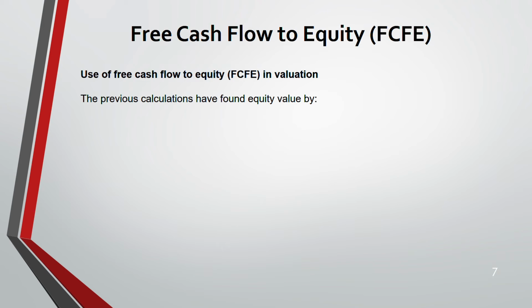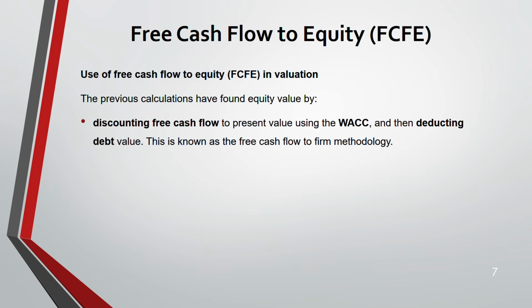Okay. Previous calculation found equity value by how? You discount. Previous calculation means the free cash flow. You discount your free cash flow using WACC. Because I told you, free cash flow means it's a value to the whole firm, both for debt holders as well as equity holders.